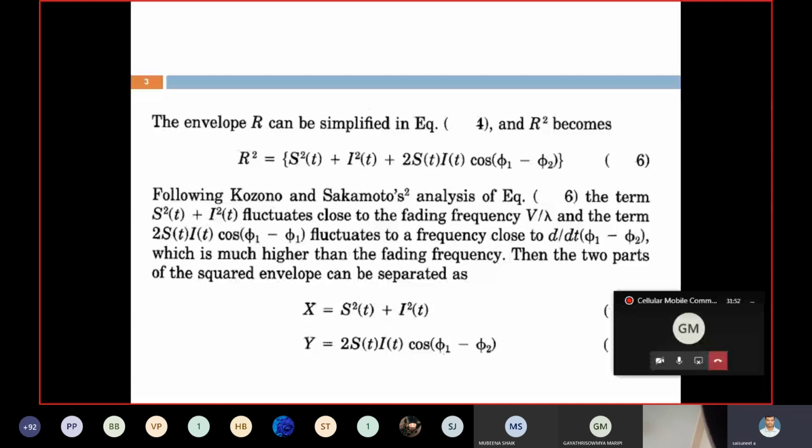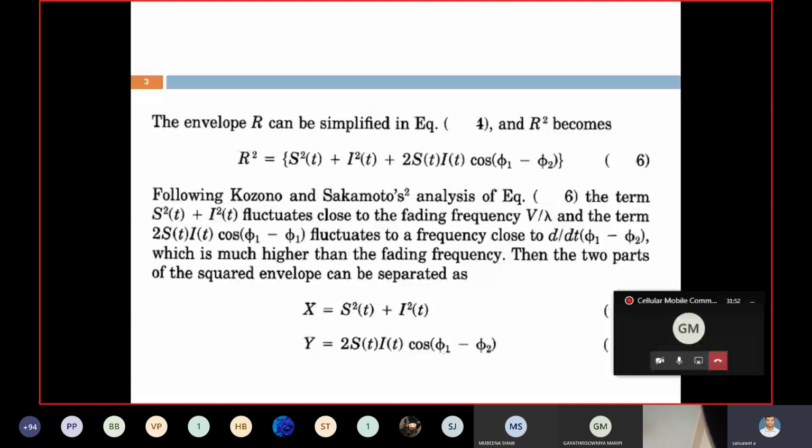Fading is nothing but sudden fluctuations in amplitude, frequency, and phase. It depends upon velocity v divided by lambda. And the term 2 S of t I of t cos of phi 1 minus phi 2 is another fading, which can fluctuate based on frequency.